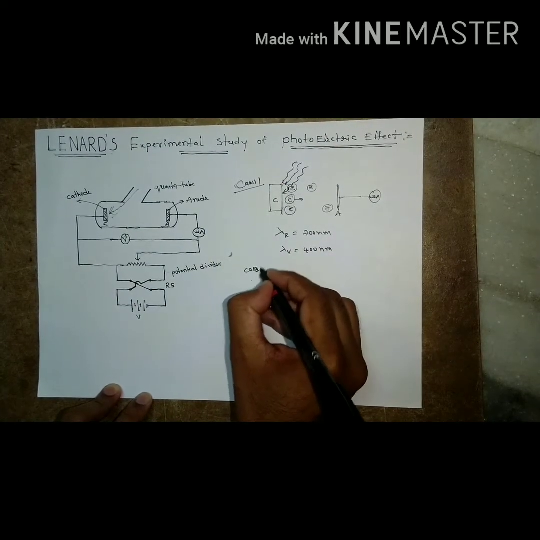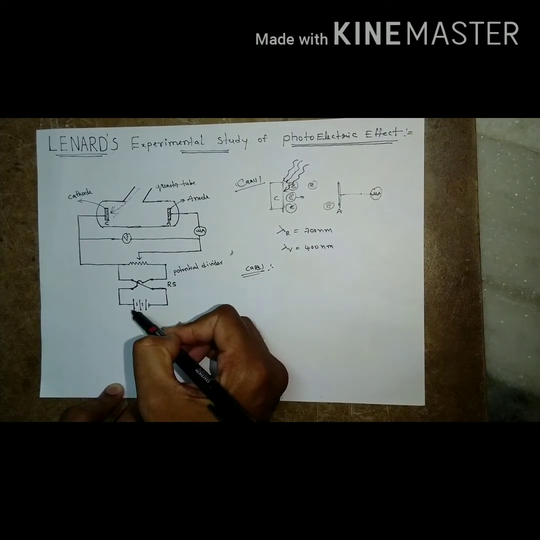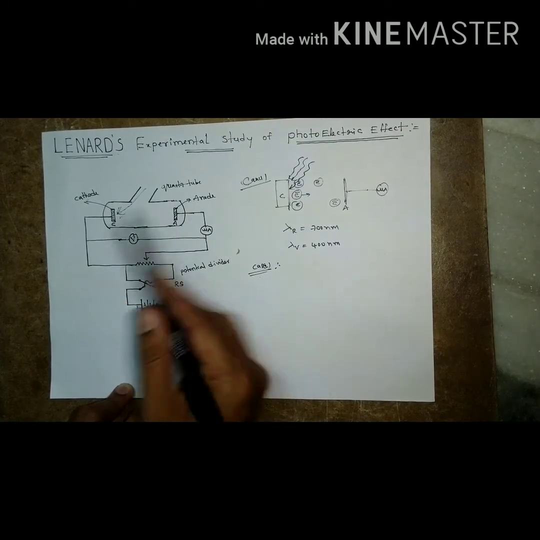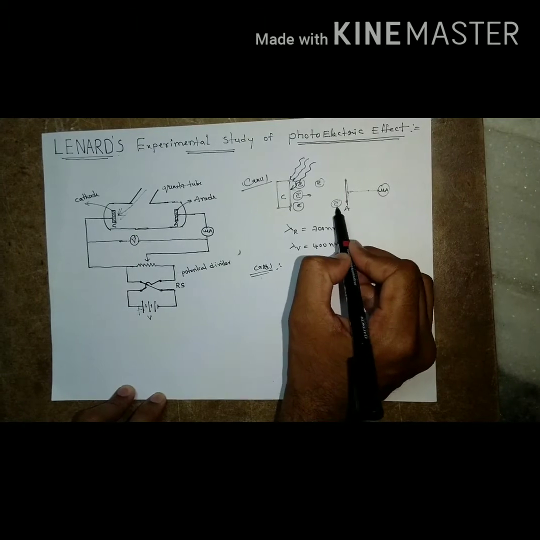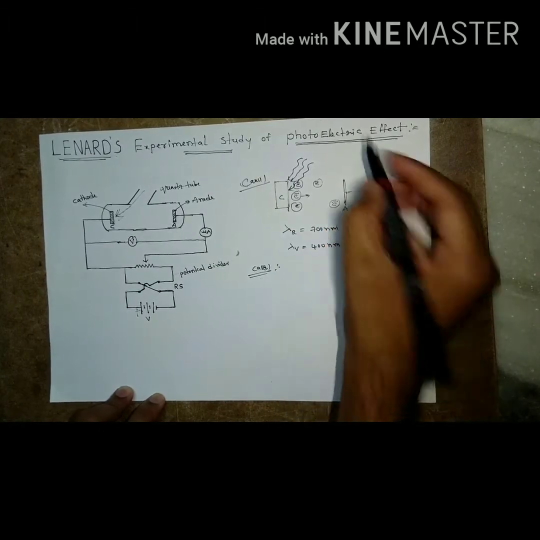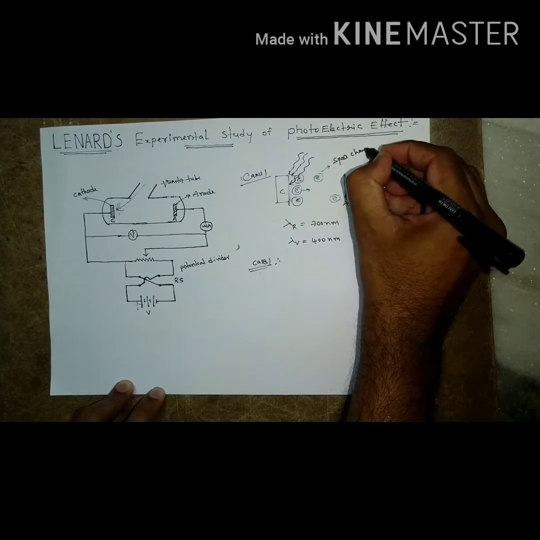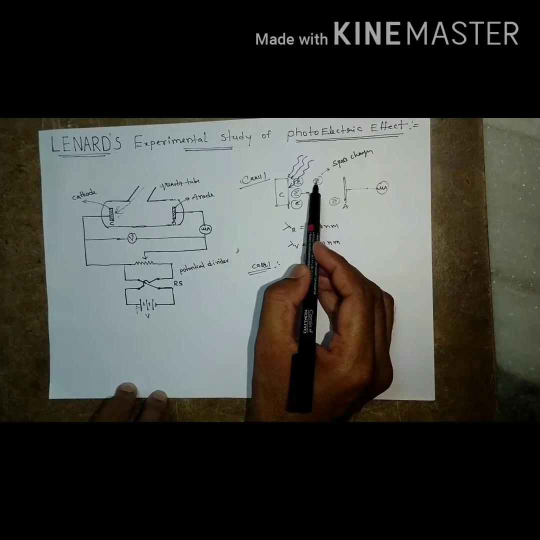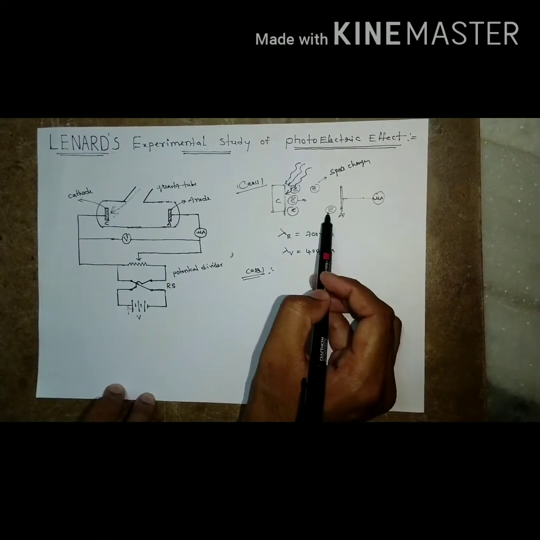Now case 2. What is case 2? The anode is connected to the battery's positive terminal using the potential divider, so the potential is more. One more important point: these electrons are called space charges. What are space charges? Less energetic electrons that come to rest before reaching the anode are called space charges.